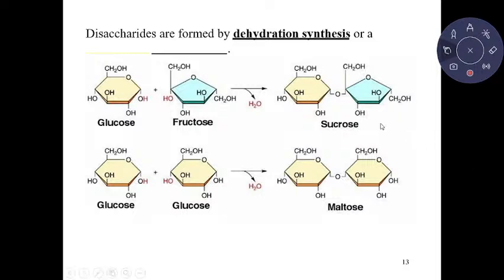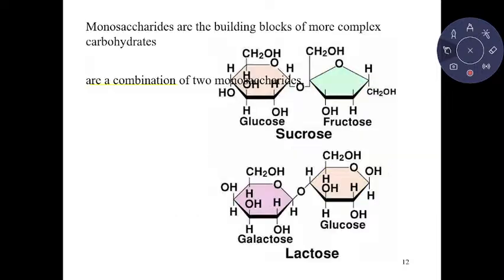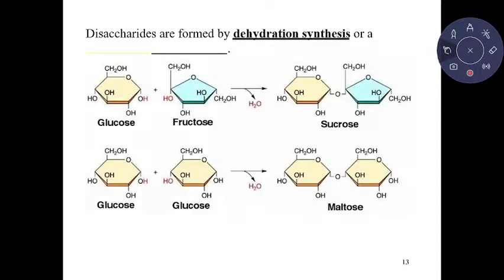As I have said, sucrose is a combining of monosaccharide units to form a disaccharide molecule. Like the example we have seen before, glucose and fructose form the sucrose molecule. Glucose and glucose form the maltose molecule. This is all you have to know. So lactose is galactose plus glucose, and sucrose is glucose plus fructose.